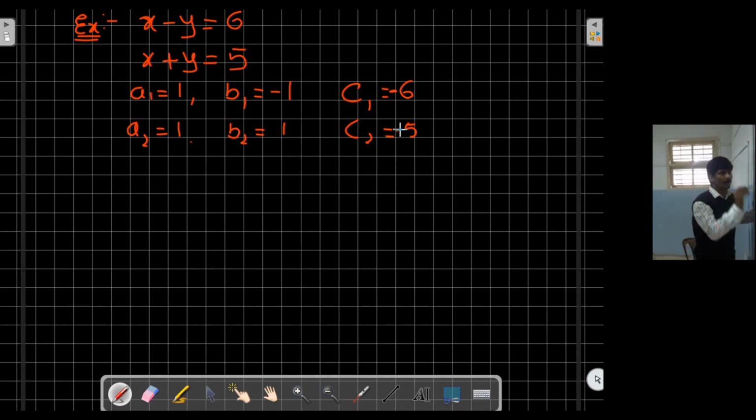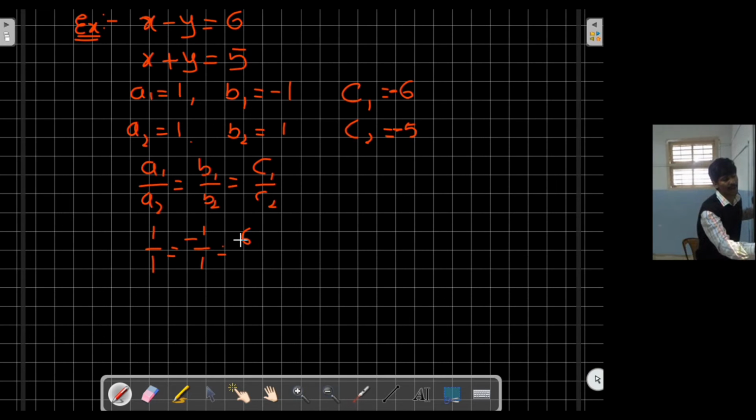Okay? So now A1 by A2 is equal to B1 by B2 is equal to C1 by C2. We will check first: A1 by A2 is 1 by 1, B1 by B2 is minus 1 by 1, C1 by C2 is 6 by 5. So first, A1 by A2 and B1 by B2 are not equal.